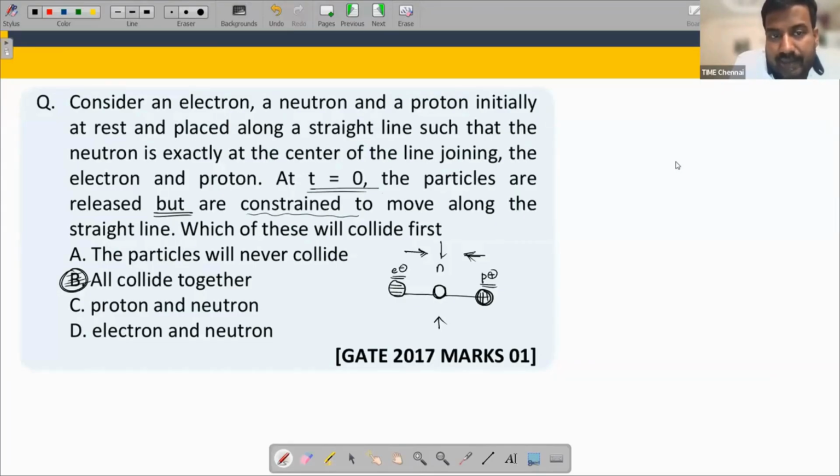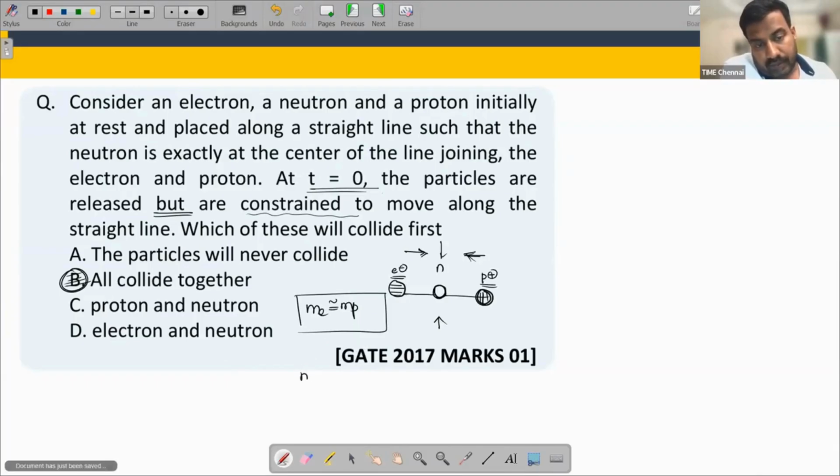But is that the correct answer, I'm asking? This would be a correct answer if mass of electron is equal to mass of proton.